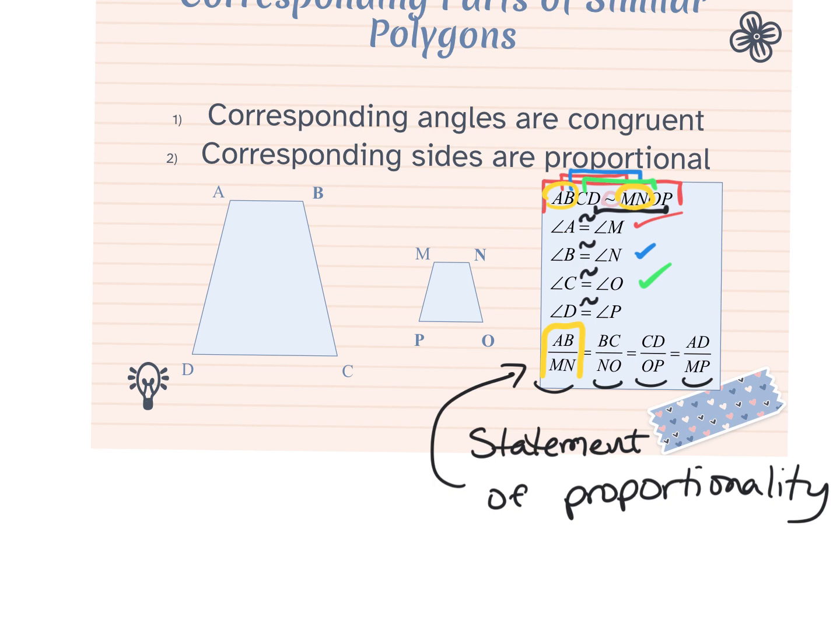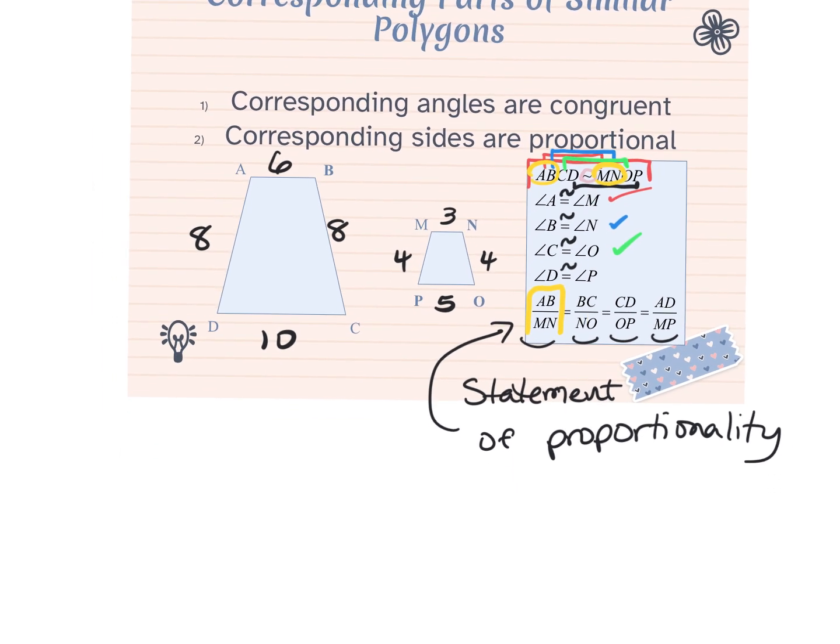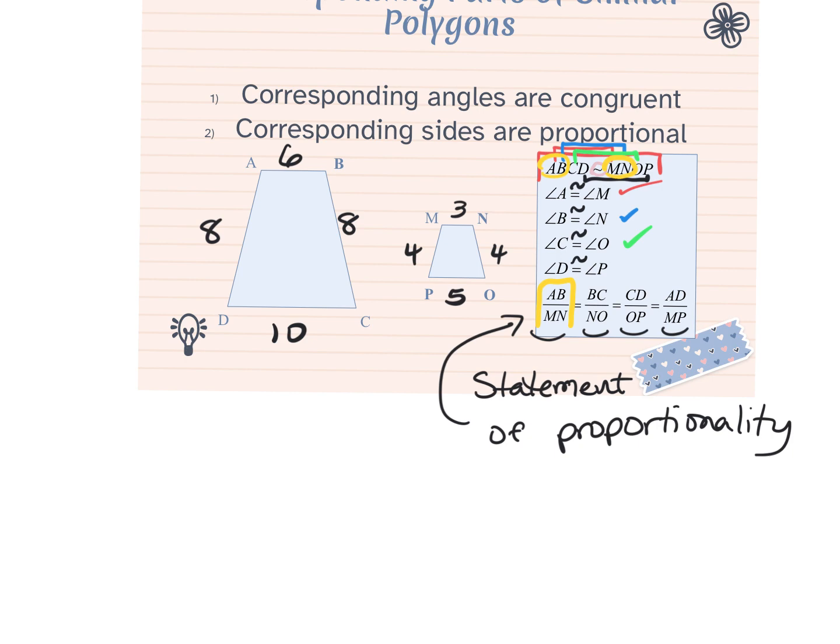So let's say that AB is 6, DC is 10, and that AD is 8, and BC is 8. And then let me add some numbers to the smaller one. So now, if I take all the corresponding sides, so for example, AB here is with the MN, which was here.